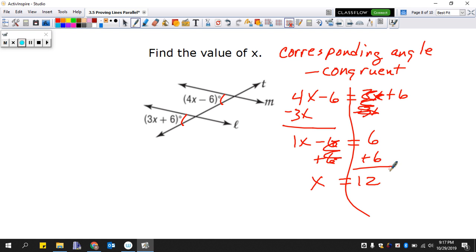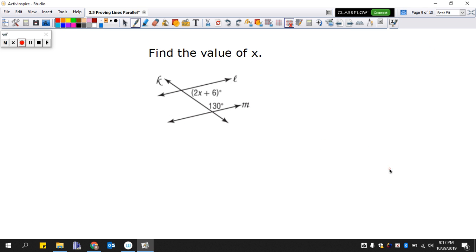All right, one last problem, or maybe two. We have this angle and we have this angle. Both of those angles add up to 180 degrees because these are consecutive interior angles.